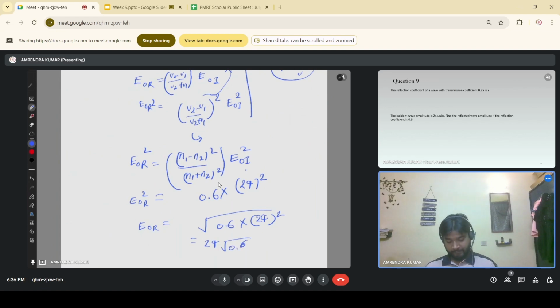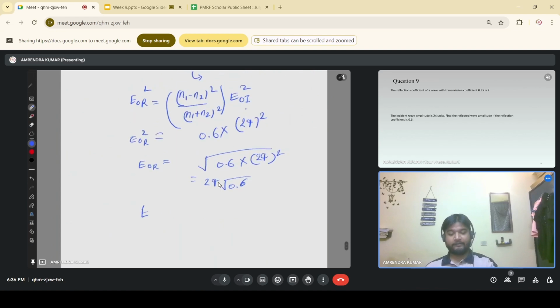We have to take care of 0.6, so we have to multiply it, and it's around 18.59. This is how much it will be. So the surface is like 24, so around 75% of the incident.